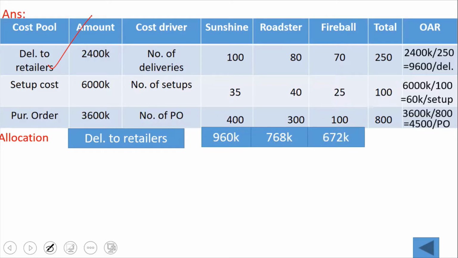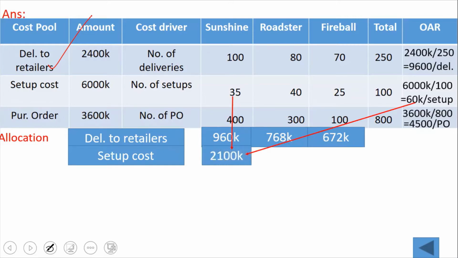Now coming to the next cost pool, that is the setup cost. For Sunshine, one setup is $60,000, and for Sunshine, we are taking 35 setups. So the amount comes to 60,000 multiplied by 35, giving 2.1 million. Now coming to Roadster, for one setup, again, it's $60,000, and for Roadster, we are making 40 setups.